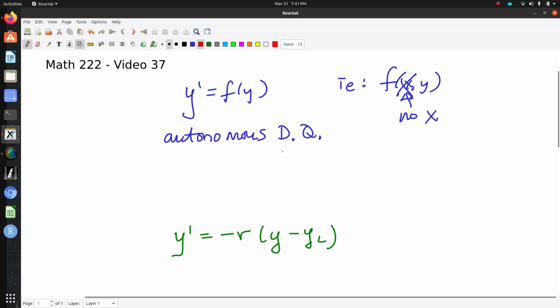This means it's essentially horizontal shift invariant. That's what we're talking about, horizontal shift invariance.